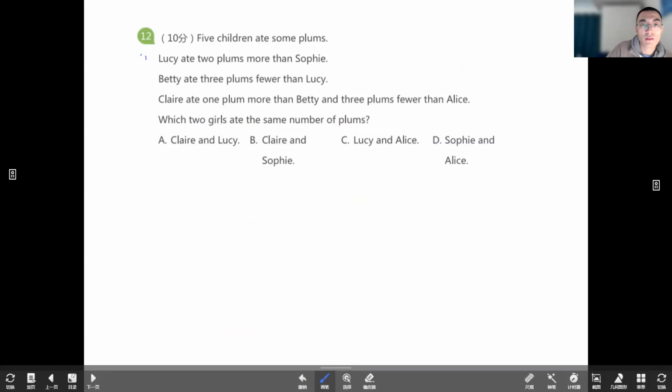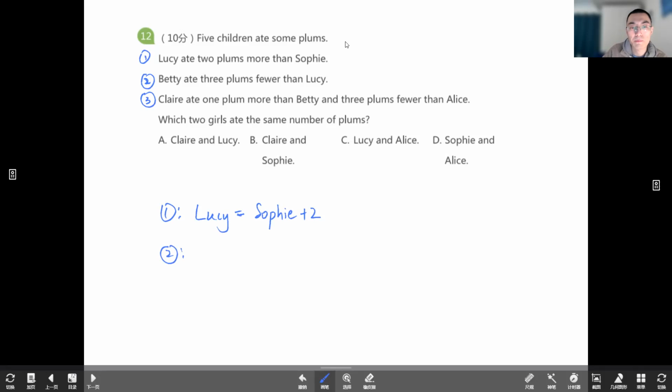So we have 3 sentences over here, and it tells us 3 useful pieces of information. From sentence number 1, we can write the expression Lucy equals Sophie plus 2, because Lucy ate 2 more than Sophie. And from the second sentence, Betty ate 3 plums fewer than Lucy.